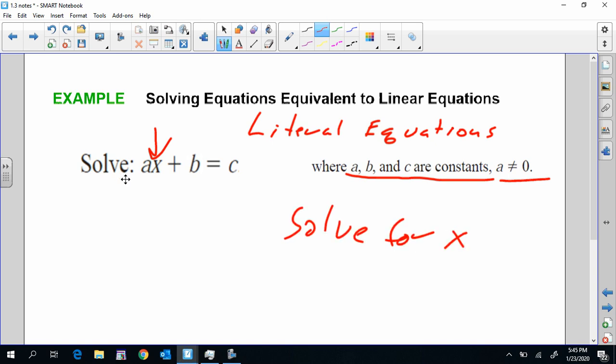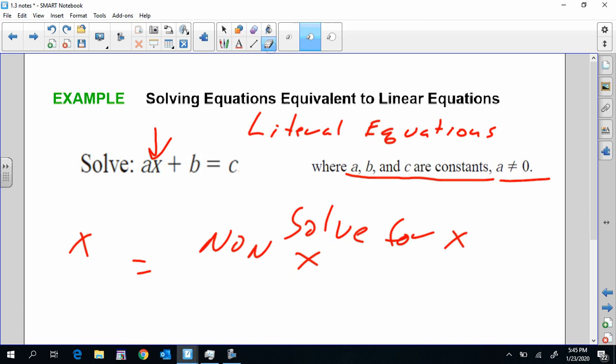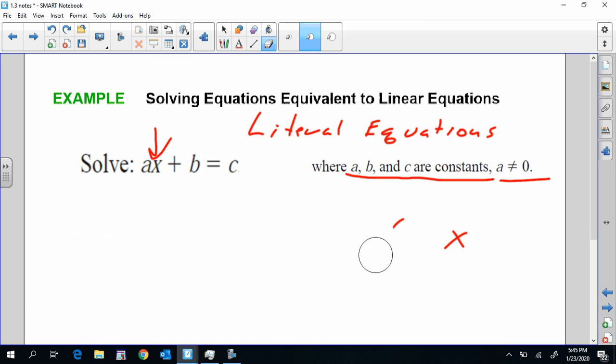And when it says solve for x, that means you got to get x on one side and non-x's on the other side of the equation. And you move them and you divide them and you do everything the same as we did in regular linear equations with numerical constants and coefficients.